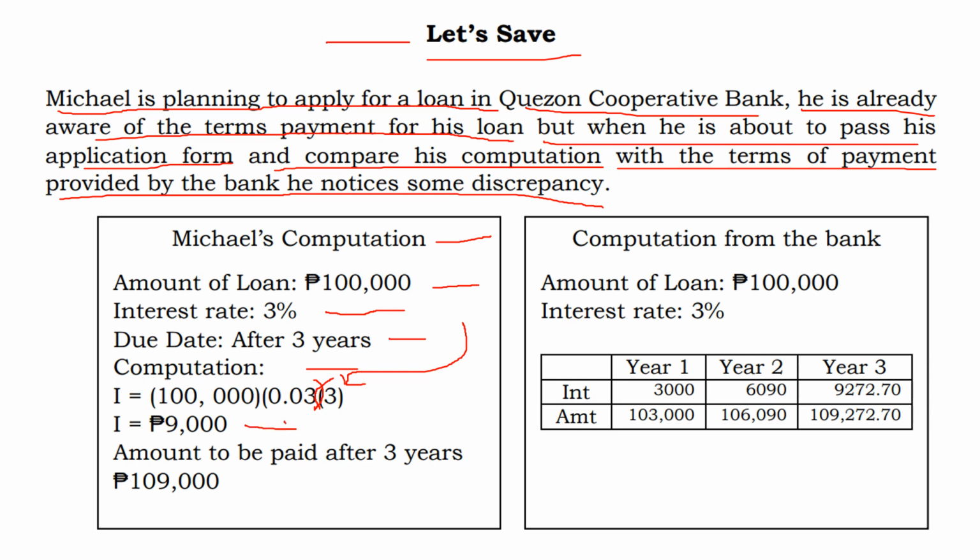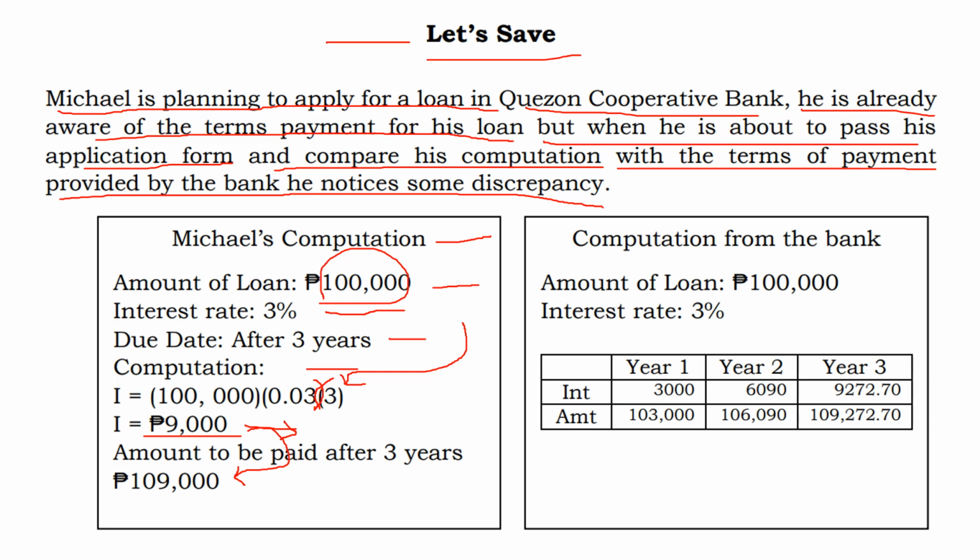So the simple interest now is 9,000 pesos. Then he added this 9,000 pesos to the 100,000 pesos, and the resulting value after 3 years is 109,000 pesos. So his 100,000 pesos earned 9,000 pesos after 3 years.